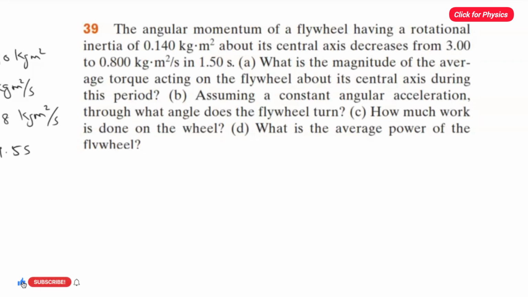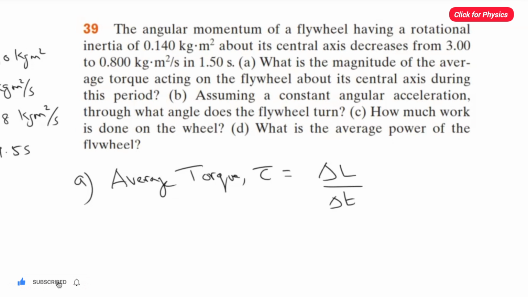So in the first question, we have to find the answer for the average torque. So let's rewrite the rule for average torque. Average torque tau is equal to delta L over delta t. So what is delta L?